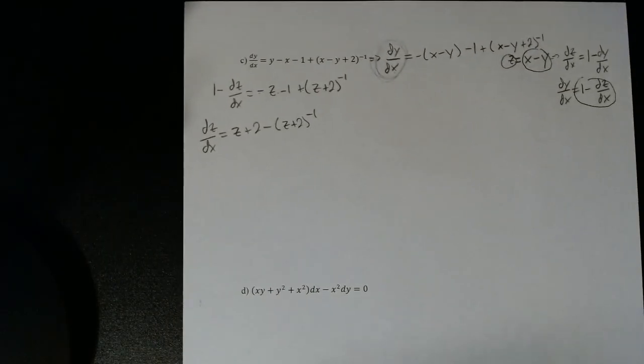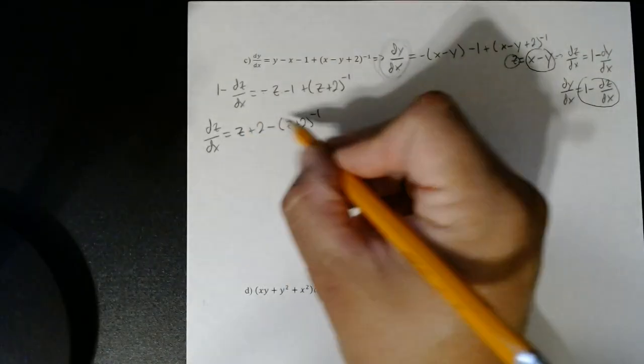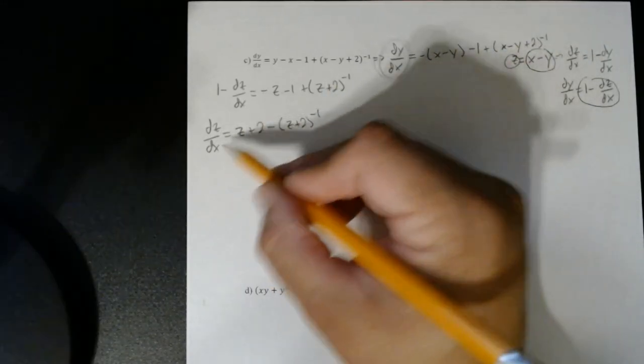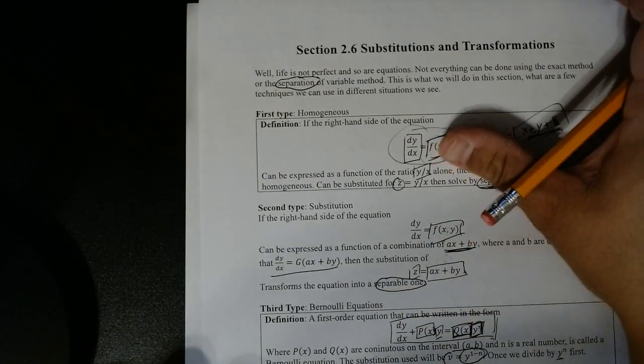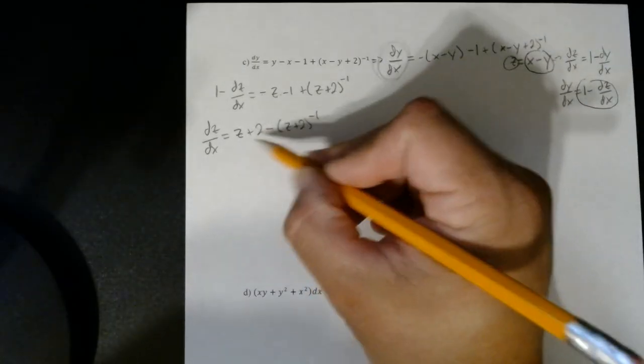Okay. All right, so now the question is, what do we do now? So again, since everything's in terms of z, maybe we can use separation of variables, right? That's the whole point. According to our rules here, we can transform it and somehow use separation of variables. So let's see if we could just put this stuff together.